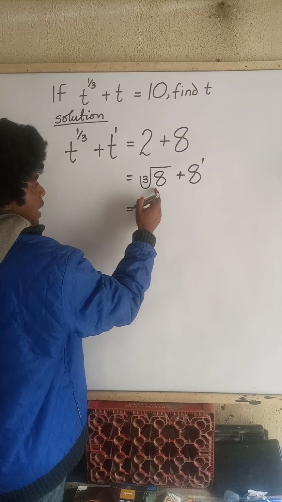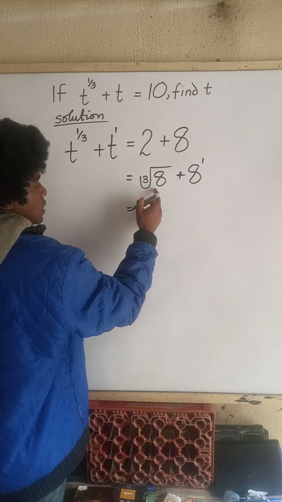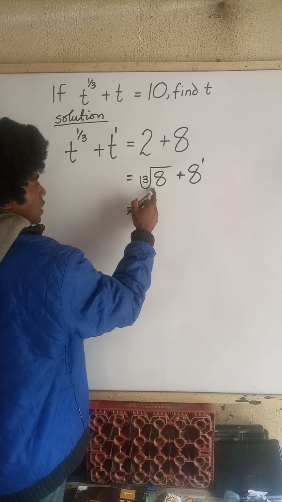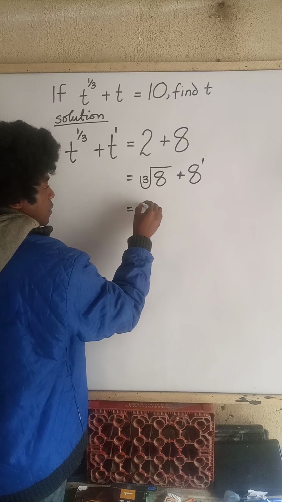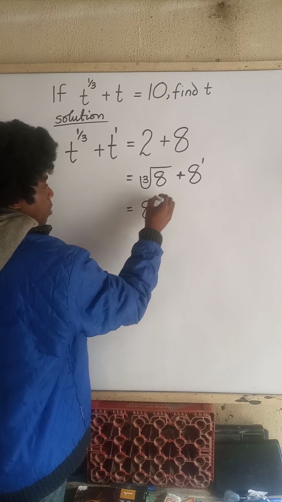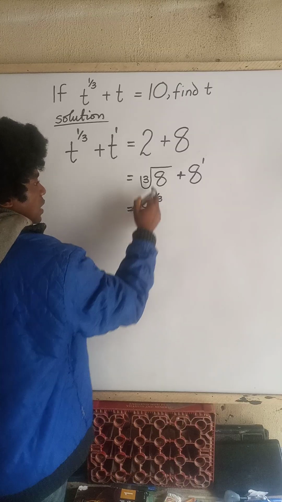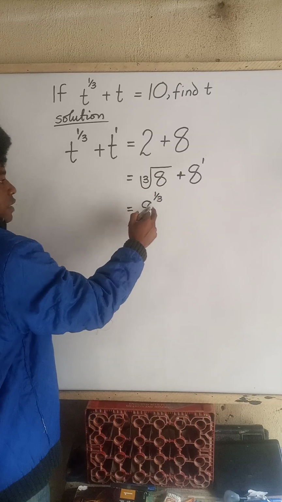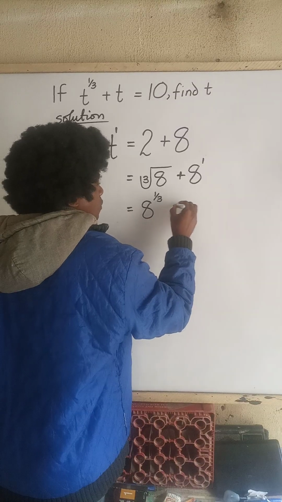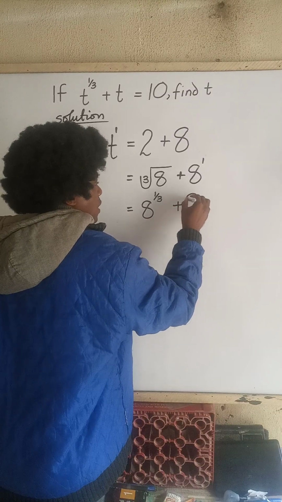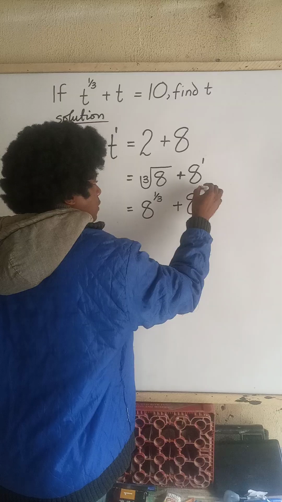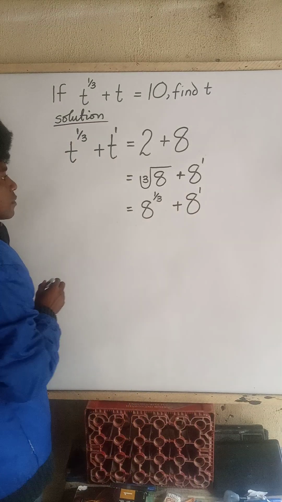When I apply one of the laws of indices that we have, this will become 8 power 1 over 3. These two things are the same. 8 power 1 over 3 plus 8 power 1. Do you see what I did now?